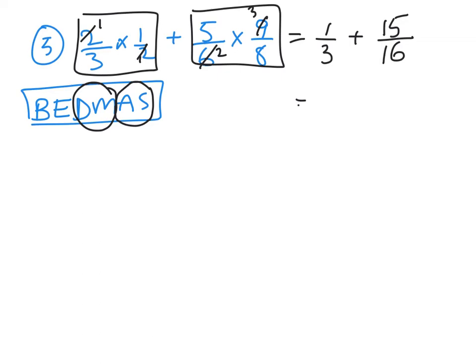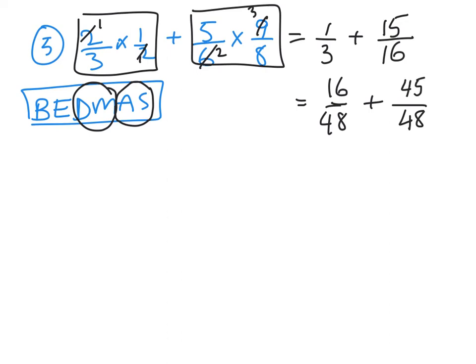So my common denominator here is going to be 48. In fact, I'm going to do that in 2 lines. So let's just keep that as 2 separate fractions while we're getting used to it. So 1/3 is equal to 16 over 48, and 15/16 is equal to 45 over 48.